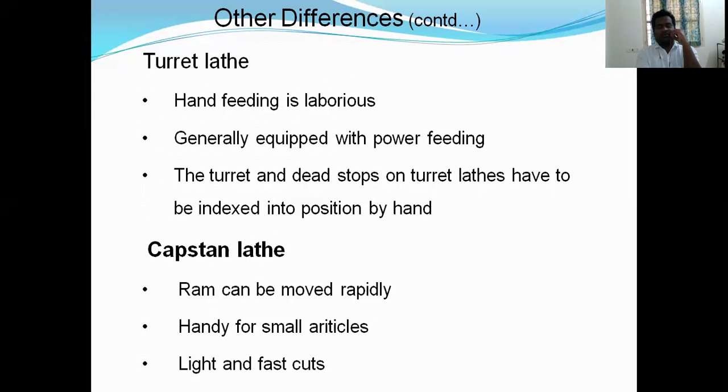Strong jobs can be handled by the turret, and small jobs can be handled by the capstan. Regarding the saddle, in the capstan the ram is on the saddle, but in the turret the saddle itself carries the load.